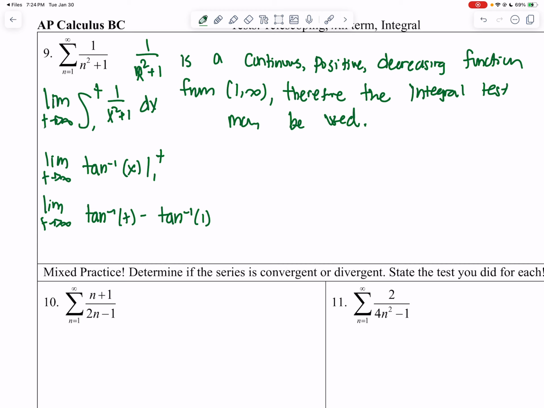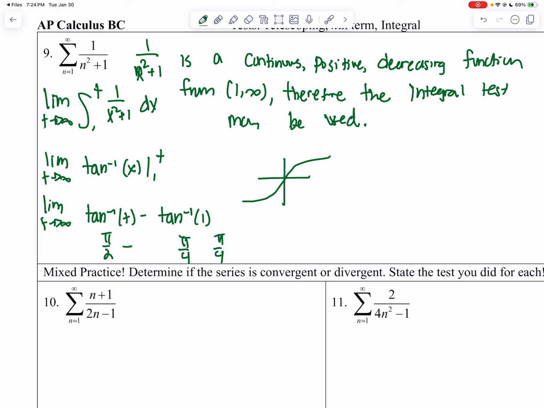Now remember that inverse tangent of 1 is going to be pi over 4. And then inverse tangent of t, remember as I approach infinity right here, we'll eventually approach pi over 2 because that's my asymptote. So this is going to be pi over 2 minus pi over 4, which eventually will give me pi over 4.